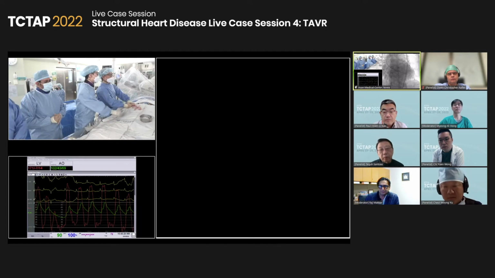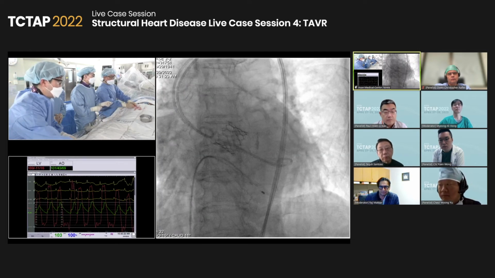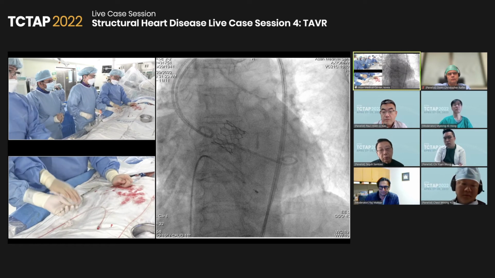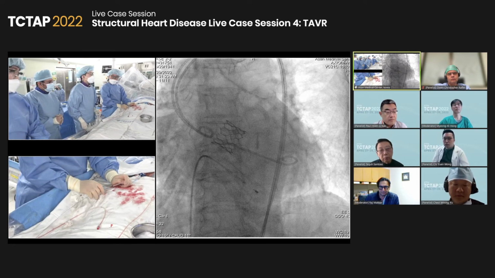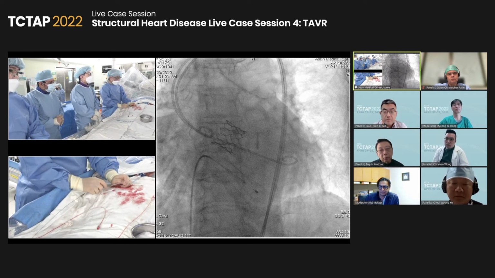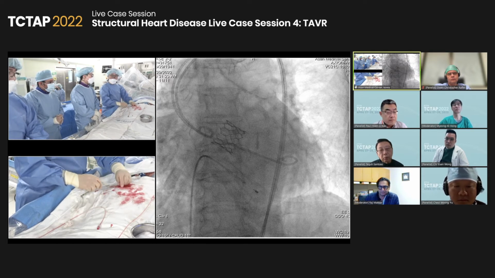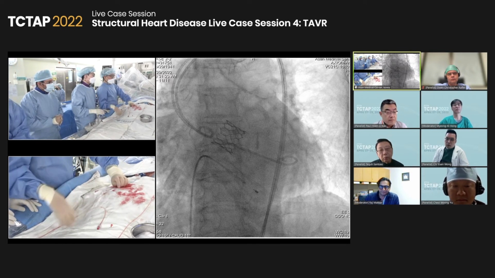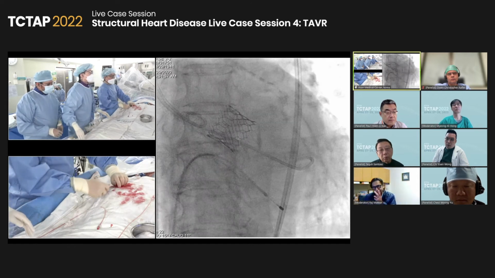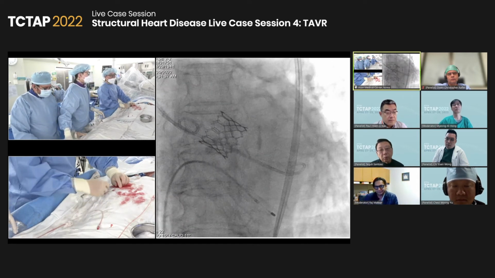So at this moment, in technical terms, we have two debatable points. One is whether or not to do pre-dilation for a TAVR failure case, and second, how to match the implantation depth, which would be an issue for such patients.